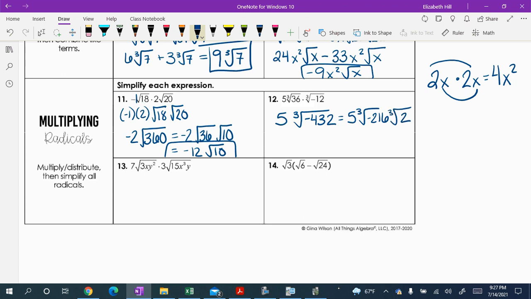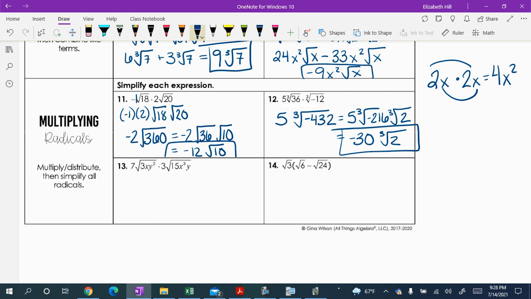That would give us the negative 432. Cubed root of negative 216 would be negative 6. Negative 6 times 5, well, that's negative 30, and then you're left with the cubed root of 2. So hopefully some of this is coming back to you a little bit.